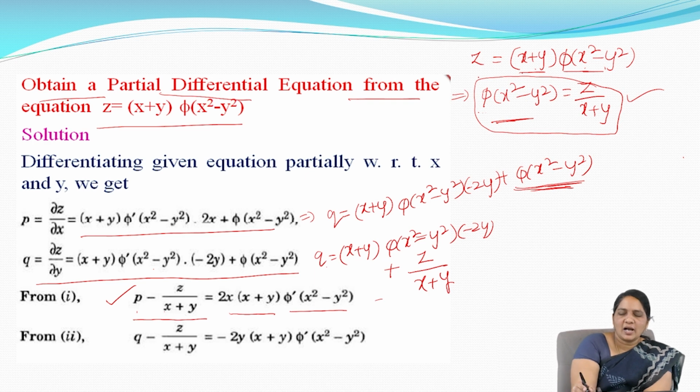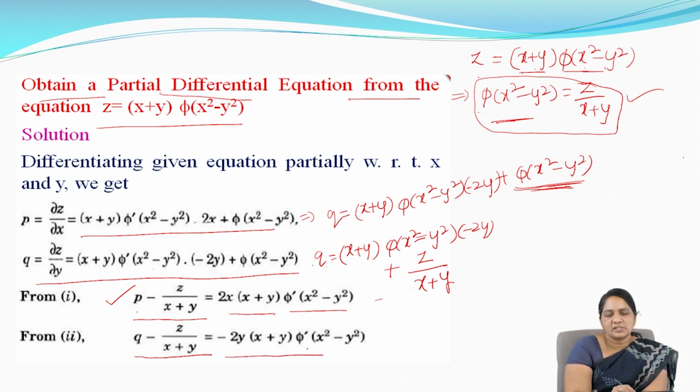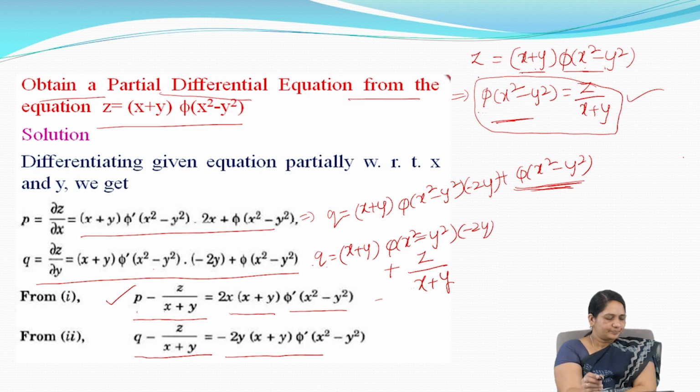So finally I am sending this value to the LHS part. So I got q minus z by (x+y) equal to −2y into (x+y) into φ'(x²−y²).